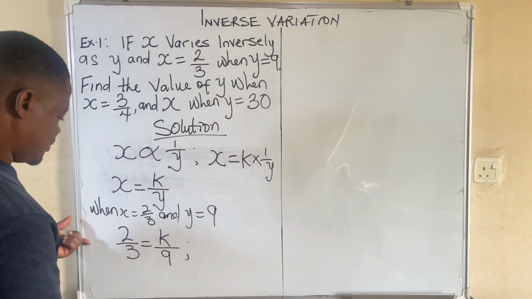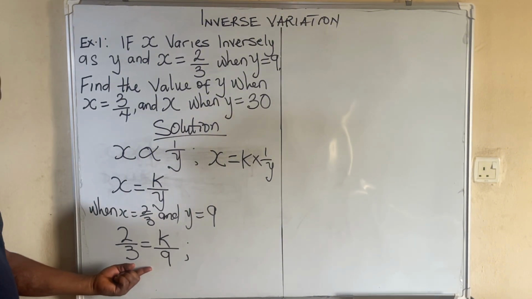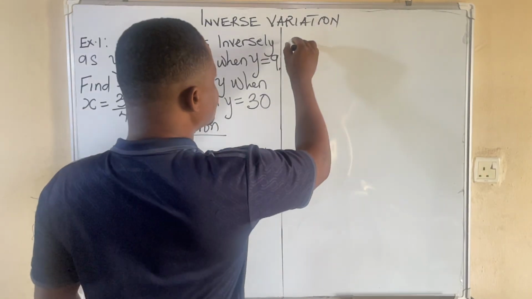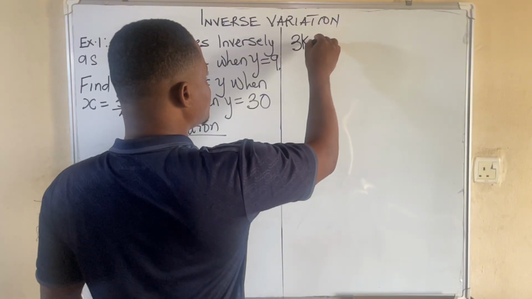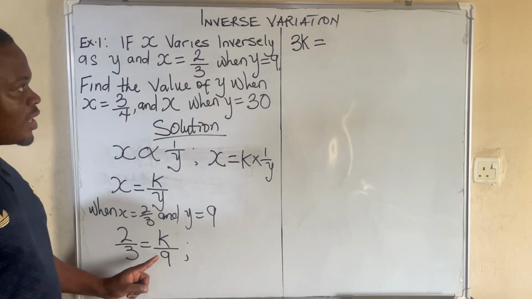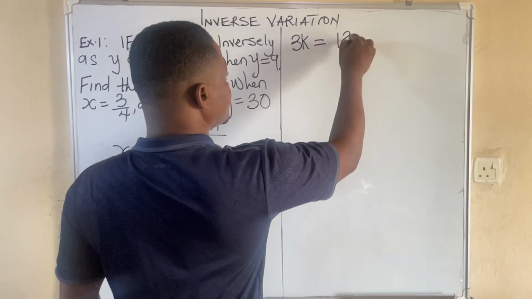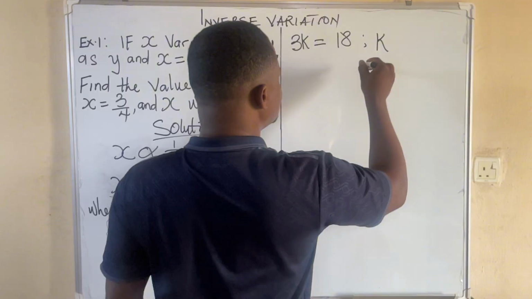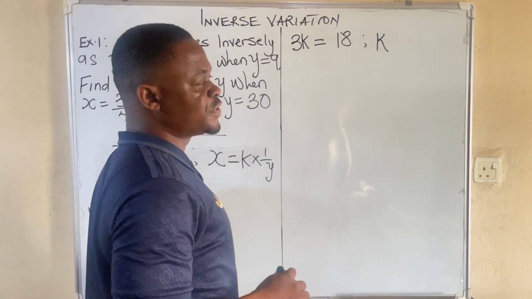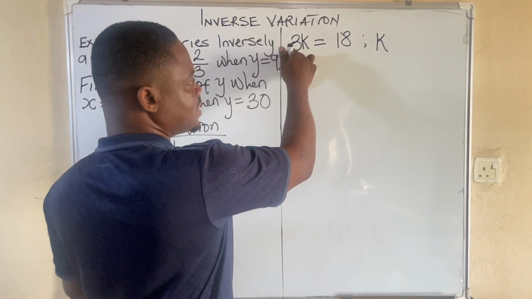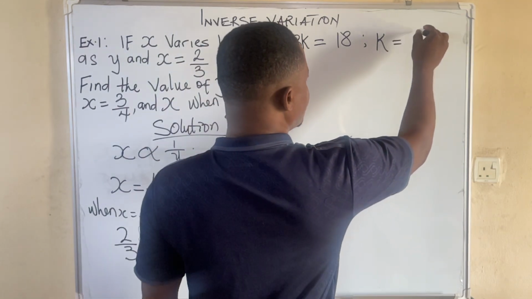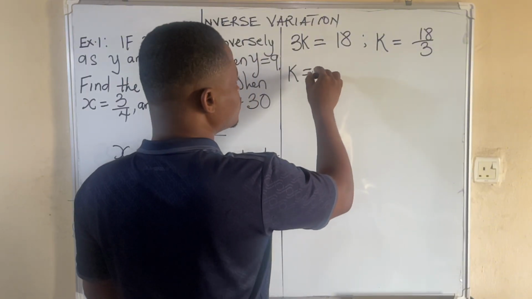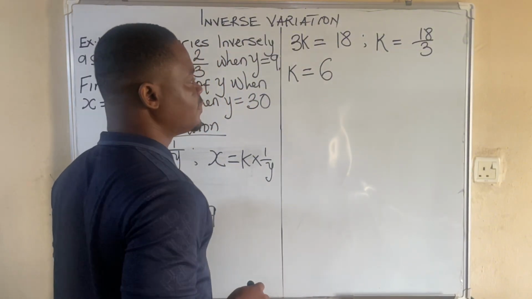This implies that if we cross multiply, 3 times k will give us 3k to be equal to 2 times 9, which gives us 18. So k will be equal to, by dividing both sides by the coefficient of k, which is 3, 18 all over 3, and k will equal 6. 18 over 3 gives us 6.